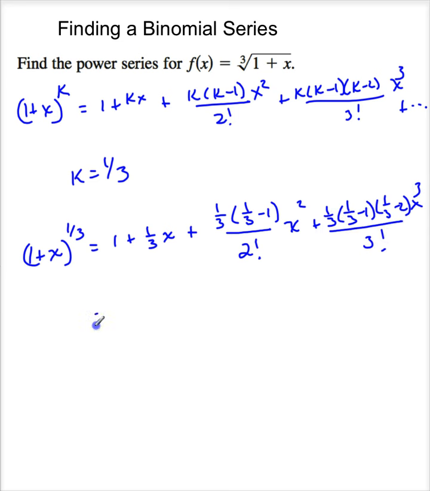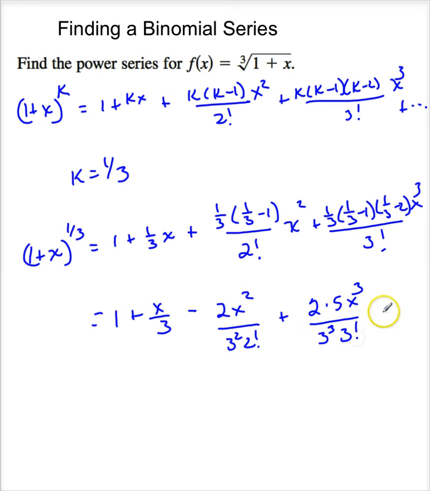So let me rewrite this a little bit more simply. This will become 1 plus x over 3 minus, because that's going to be negative, 2x squared divided by 3 squared times 2 factorial plus, and I'm going to leave it this way, 2 times 5x cubed divided by 3 cubed times 3 factorial, and so on.